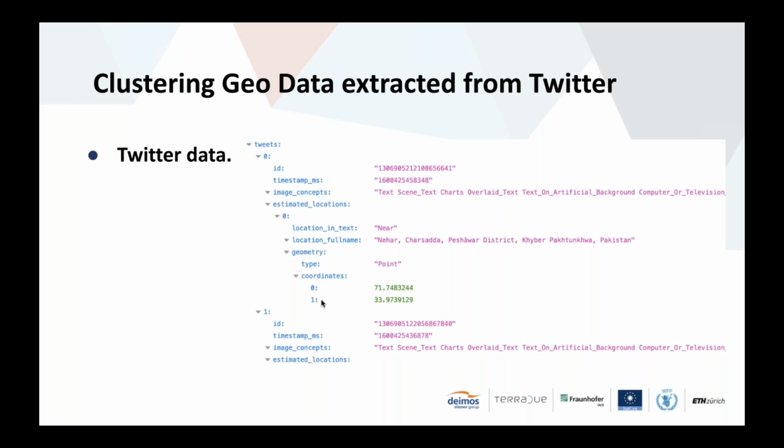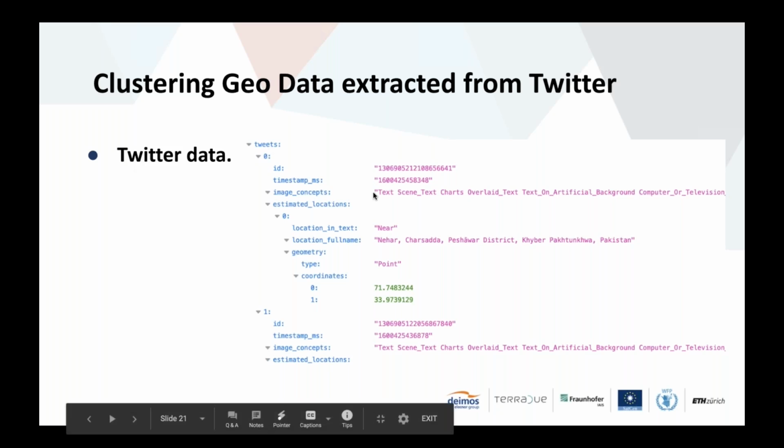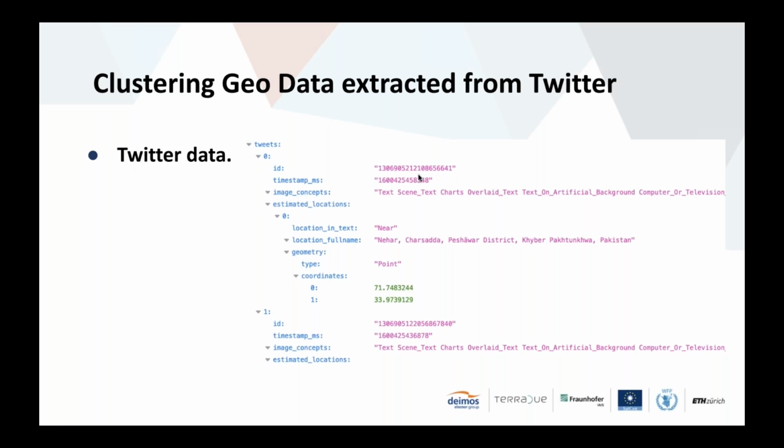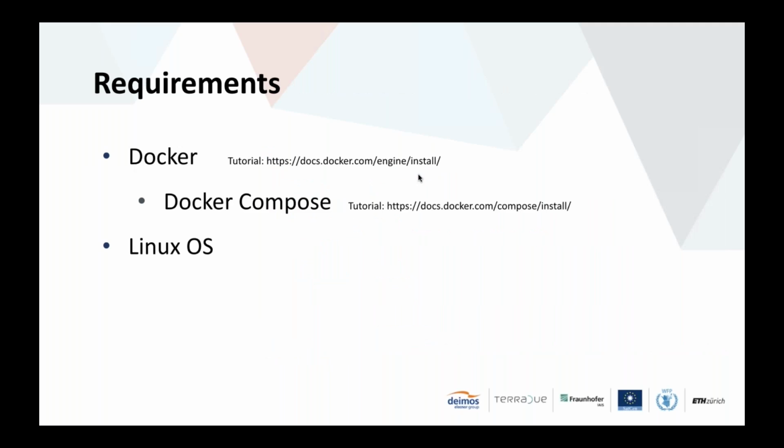These two will be repeated. This is for example just tweets 0 and 1, and they have an ID. You will see that they have long tweet IDs. So what we need from here is Docker Compose and a Linux operating system to do the exercise.